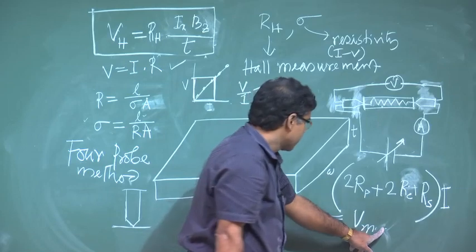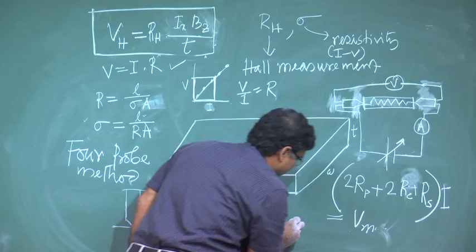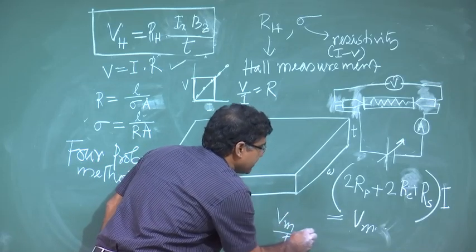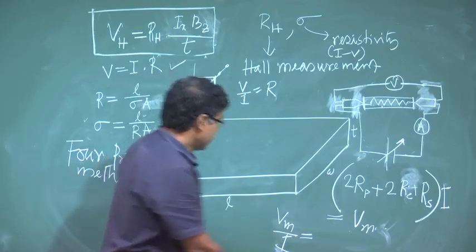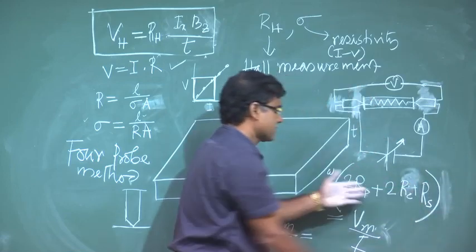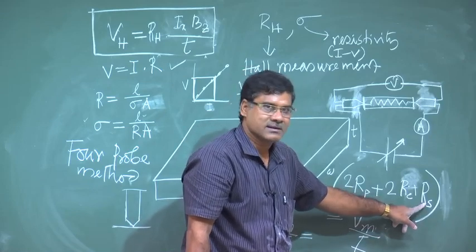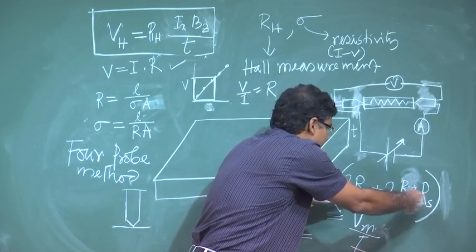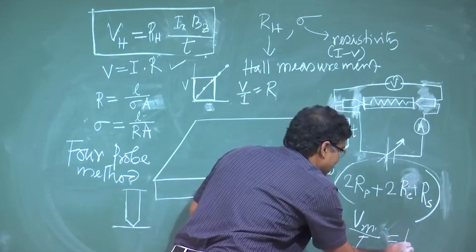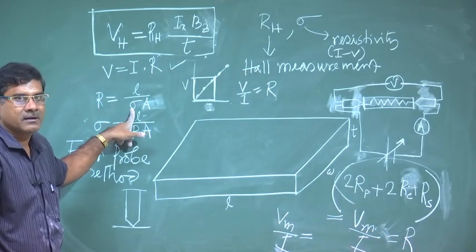And then Vm by I, so here you write Vm by I equal to, this is the resistance. It is not your sample resistance. Whatever overall total resistance R you are getting, you use that R to find out the conductivity.